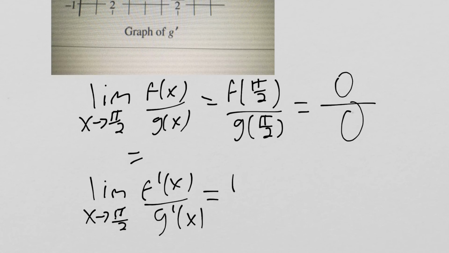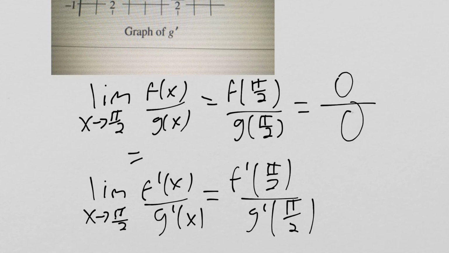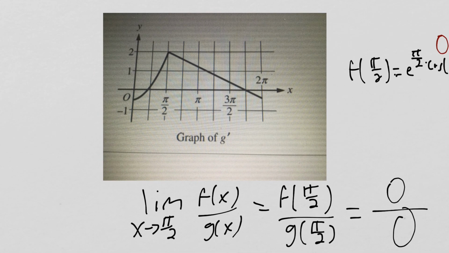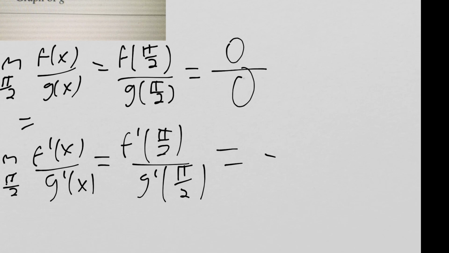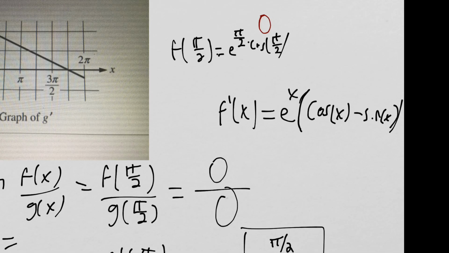So this will be equal to f prime pi over 2 over g prime pi over 2. So what is g prime? We can pull it straight off of the graph. This is the graph of g prime, here's pi over 2, and g prime of pi over 2 is just equal to 2. So 2 is our denominator. Our numerator is going to be f prime pi over 2, so we need to look at f prime x.